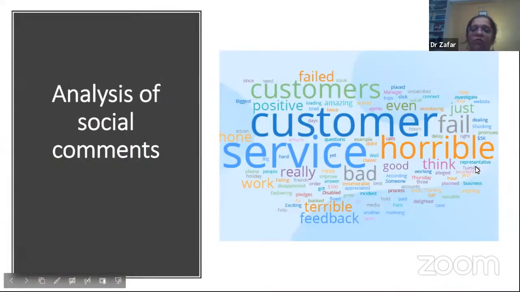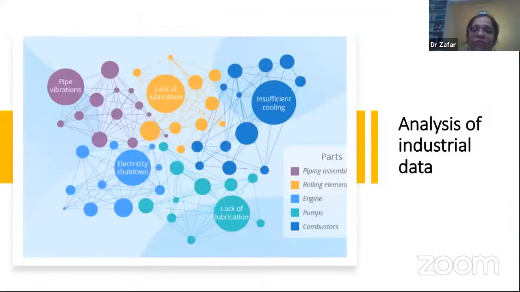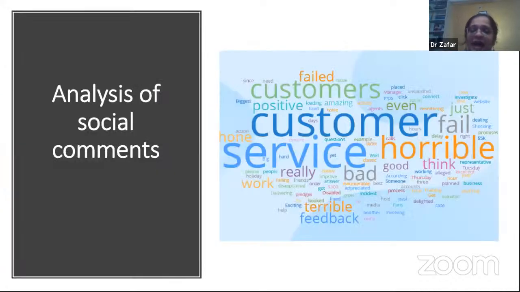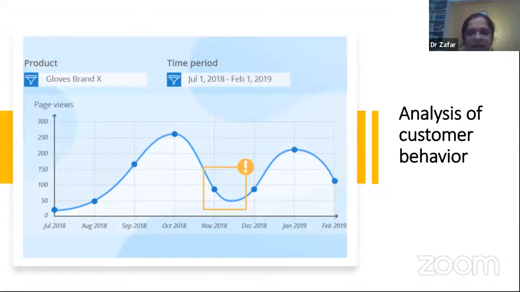Now, when we talk about visualization, this is an analysis of industrial data. This is an analysis of social comments, in terms of social intelligence. Then we have customer behavior. If I give you hundreds of Excel sheets and ask you for a result, the client will never be happy.